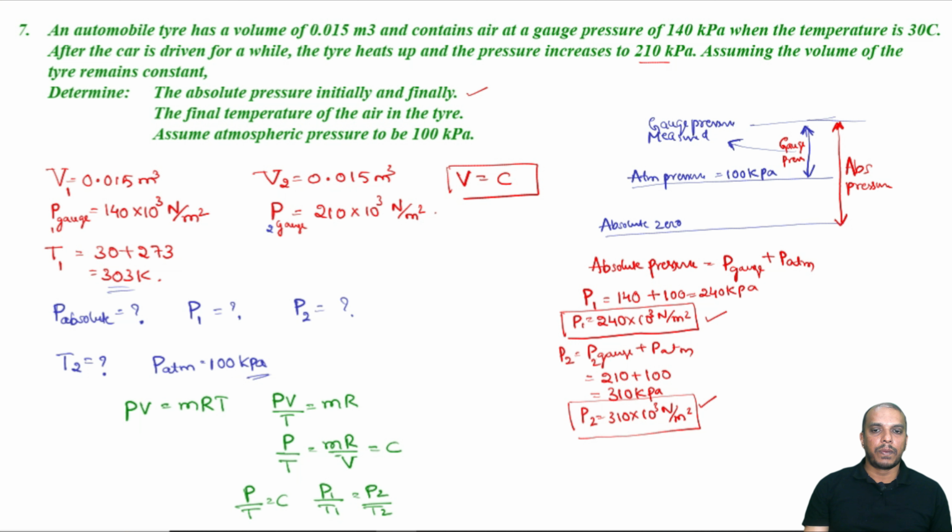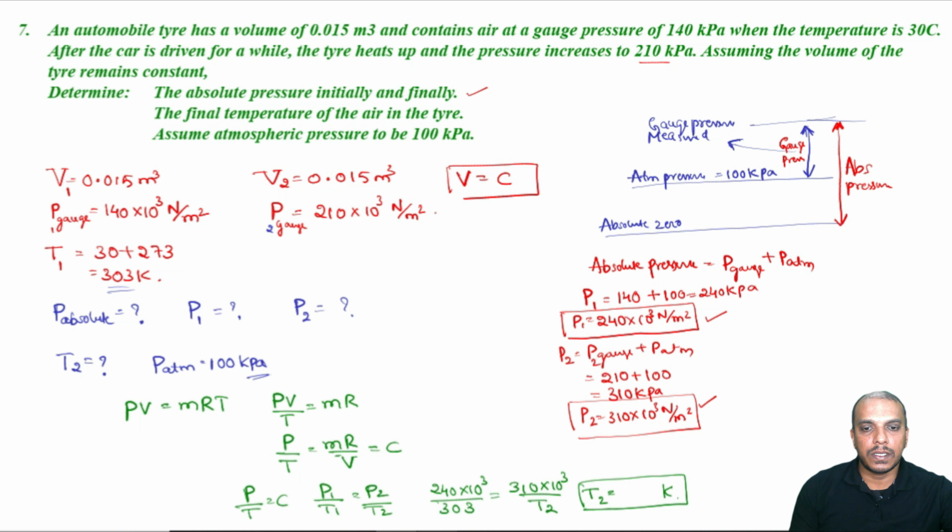Now P1 is known to us, and it has to be absolute pressure. So 240 into 10 power 3 divided by T1 in Kelvin, 303, must be equal to P2, 310 into 10 power 3, divided by T2, which is the only unknown we are interested in. So let us find T2 in Kelvin.